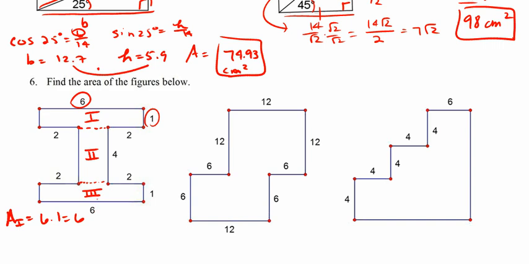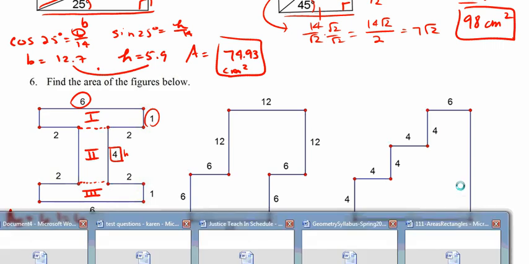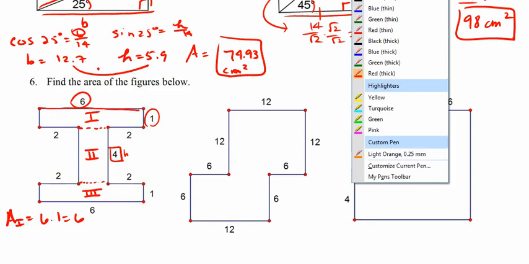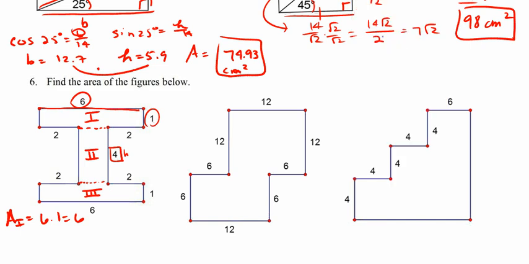And then area of rectangle 2, you can see I have a height of 4 and a width. Now I'm not sure of the width. It's not directly labeled, but I do know that this whole base is 6. Let's change to a different color here.